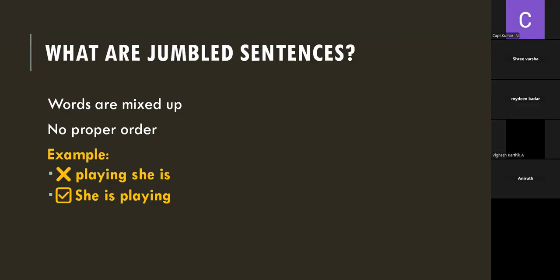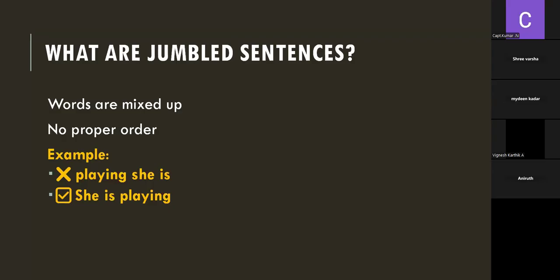So the right sentence is "she is playing". That is a right sentence. Words are mixed around, right? So in a jumbled sentence, words are not arranged properly. You must identify the correct order. For example, "happy I am". Indicate what? "I am happy." That is the right answer.